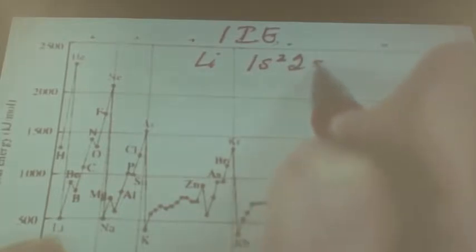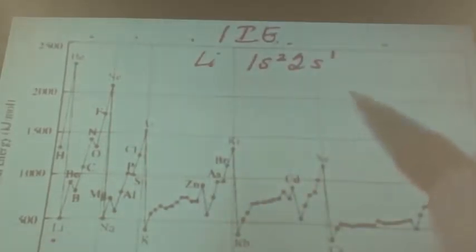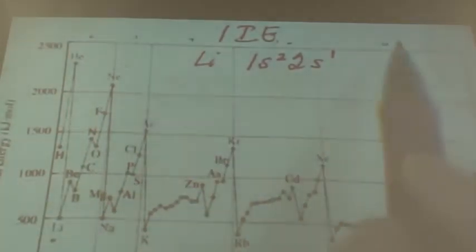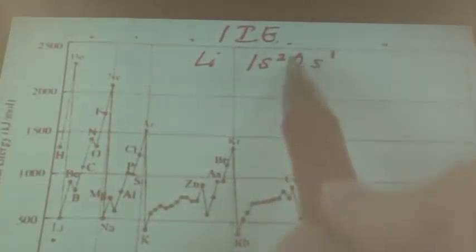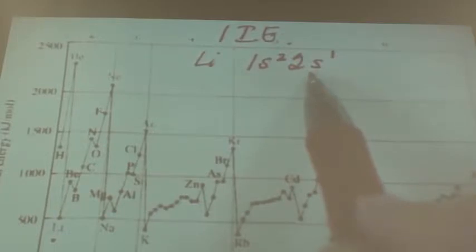Okay, I would like to talk about lithium first. Lithium has the electron configuration 1s2, 2s1. It takes 500 kilojoules to take away this electron. Okay, beryllium, 1s2, 2s2.